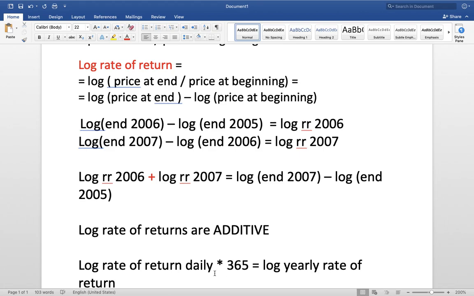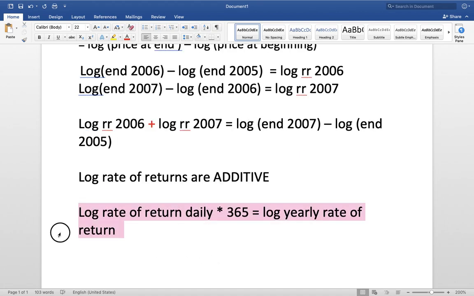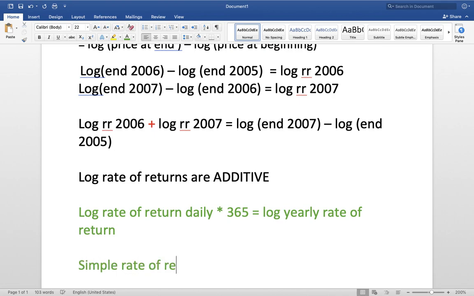Can you see the advantage of the log? You just multiply by 365 from the daily and you get the yearly. For the simple rate of return, it's not so easy: you have to add 1, raise to the power of 365, and then subtract 1.